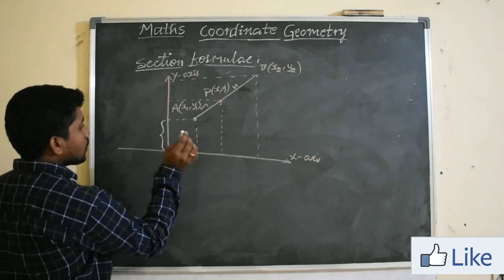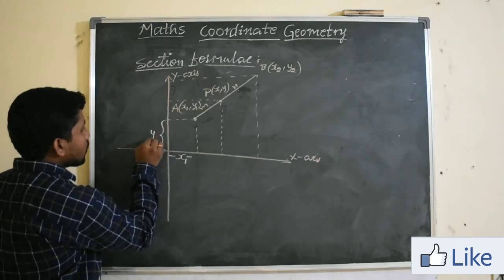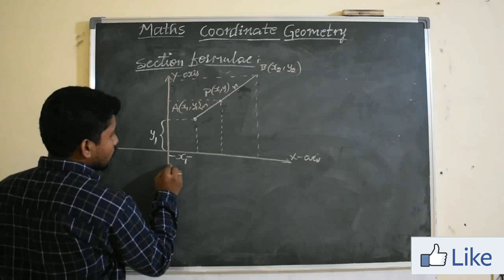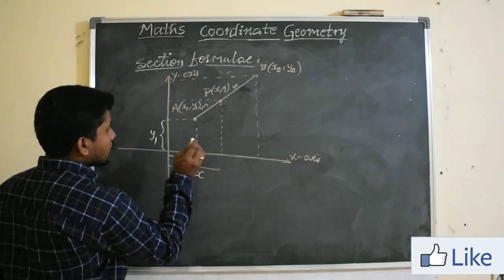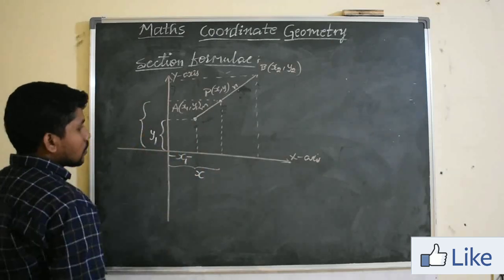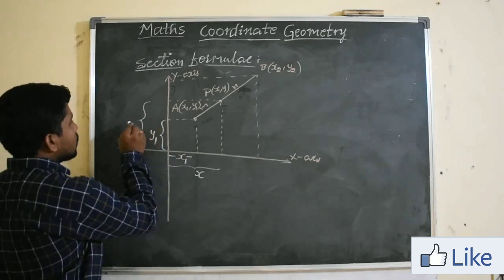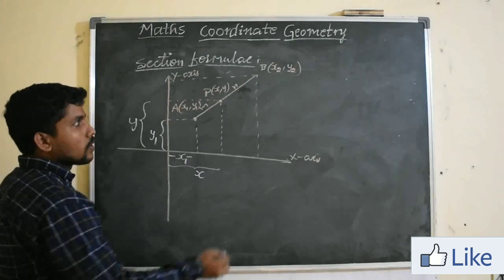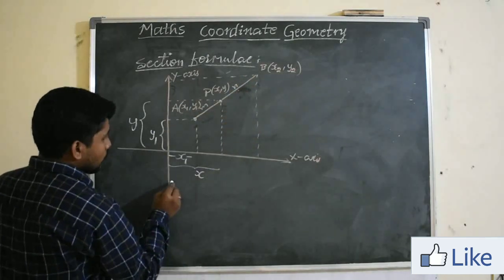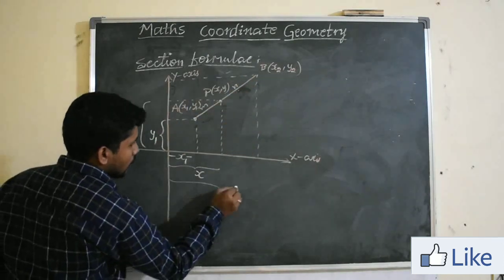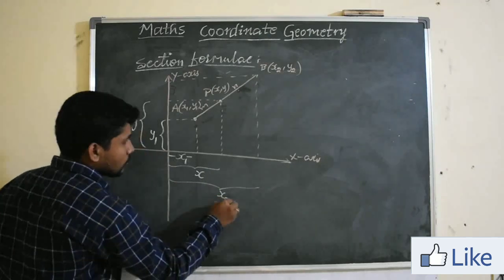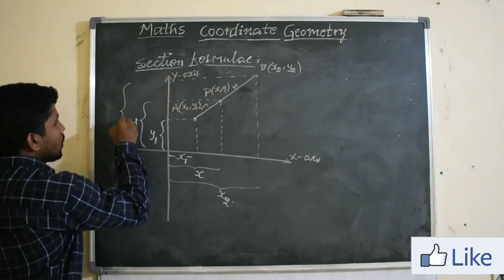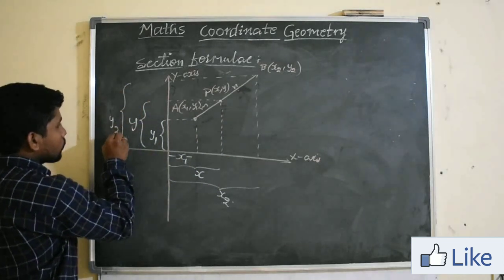So the distance here is x1 and here the distance is y1. As well as the point P's distance from the y-axis is x and its distance from the x-axis is y. Similarly, the distance of point B from the y-axis is x2 and the same point B's distance from the x-axis is y2.